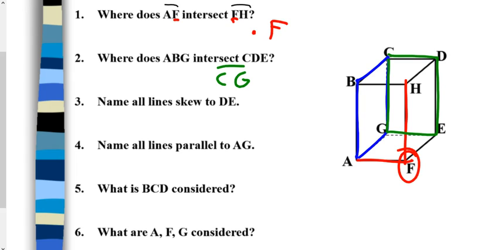All right, 3. Now this goes back to day 2 notes. Skew. Remember, skew lines are lines that do not touch or run parallel to a segment or a line. So if I highlight DE, this is a trick I talked about. There's DE. I can't touch DE. Can't intersect it.